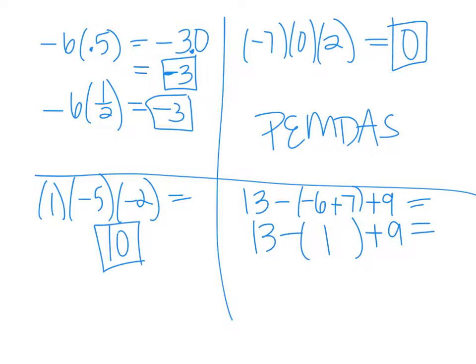And then I just need to add or subtract in order of what comes first from left to right. So I'm going to start over here on the left. I have 13 minus 1 plus 9. So 13 minus 1 is 12, and then 12 plus 9 would be 21.